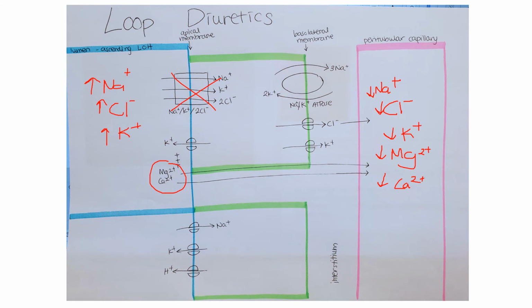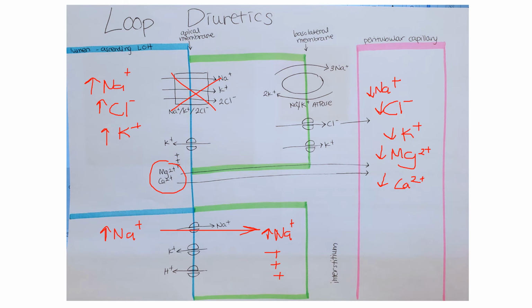Because we have an increase in sodium here, that sodium wants to move into the cell, which increases the sodium in the cell, and this creates a positive charge inside the cell. That increase in positive charge makes other positively charged ions want to come out.